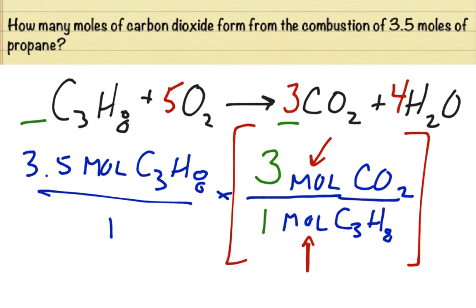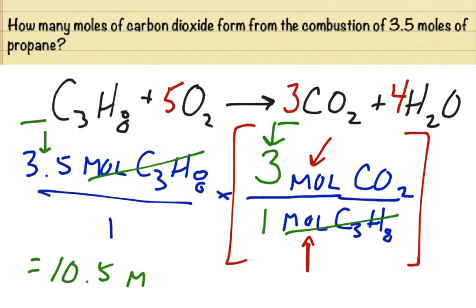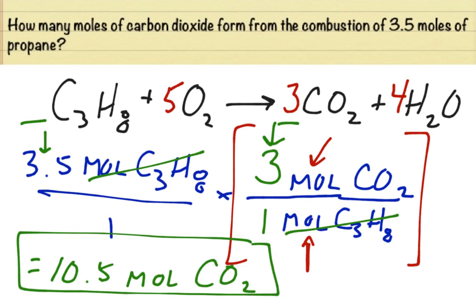In doing this, we cancel the unit that's the same on the top as on the bottom, and we get our new unit, moles of carbon dioxide. 3.5 times 3 equals 10.5 moles of carbon dioxide. And this right here is our first stoichiometry problem, a simple mole-to-mole conversion.